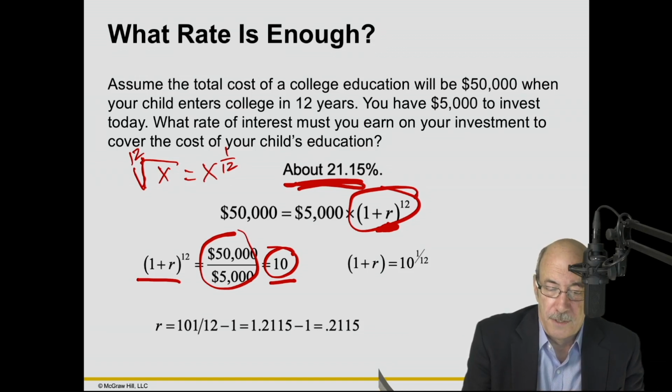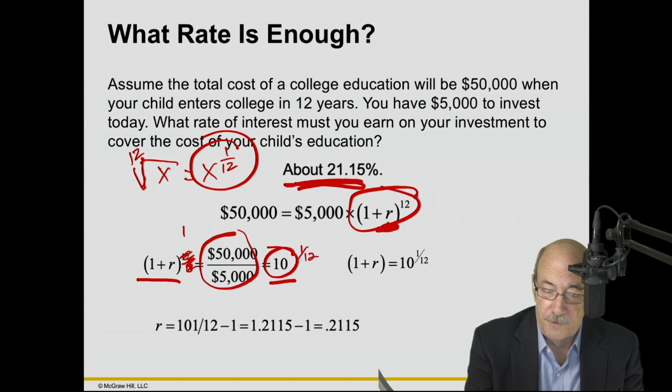So we're going to write it this way. If we take the 12th root of this, that's 12 over 12, that becomes 1. So that exponent goes away. And then we're just left on the right-hand side with 10 raised to the 1 over 12.